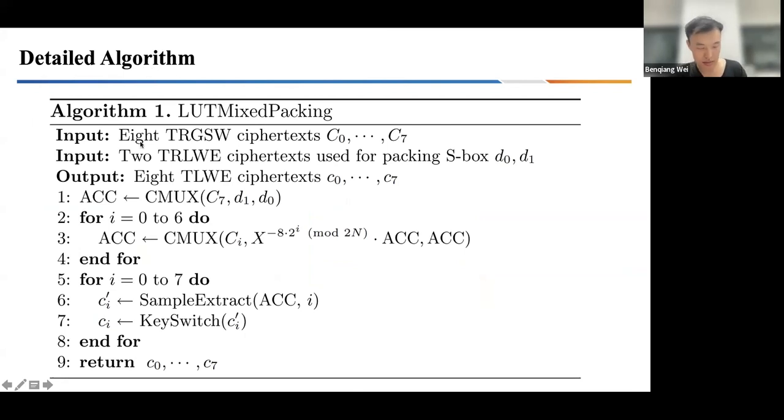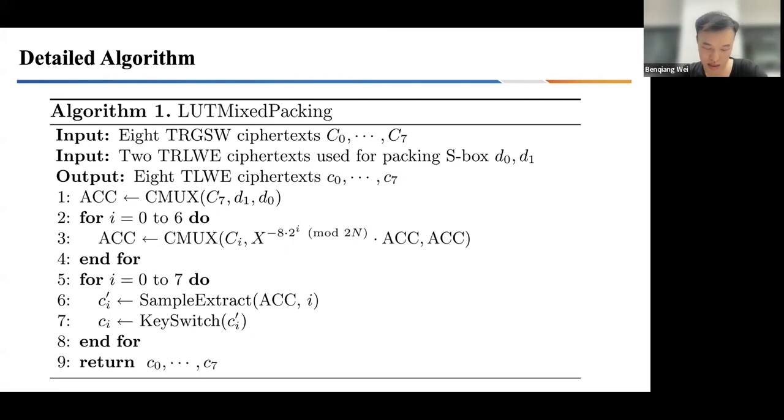However, it must be noted that x0 to x7 are selection ciphertexts, and they must be in the form of TRGSW ciphertext, because we use the CMux gate. So when performing the next round of AES, we must convert the TLWE to TRGSW in order to perform the next lookup table.